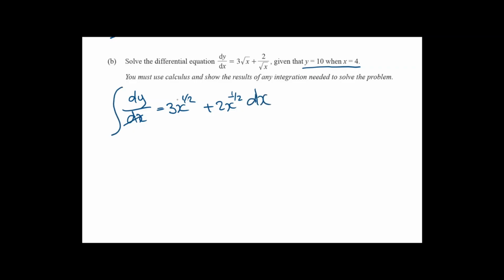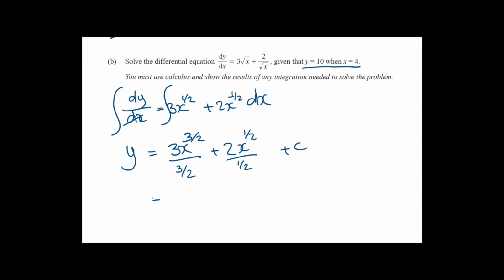And then I'm going to integrate both sides. So the integral of dy is y. The integral of 3x to the half is 3x to the 3 over 2 divided by 3 over 2, plus 2x to the positive half, now divided by half, plus c.